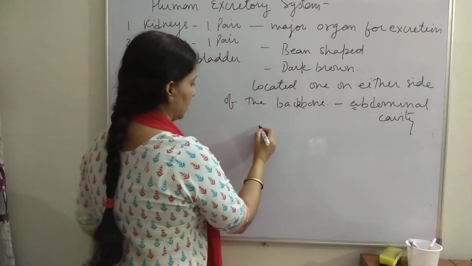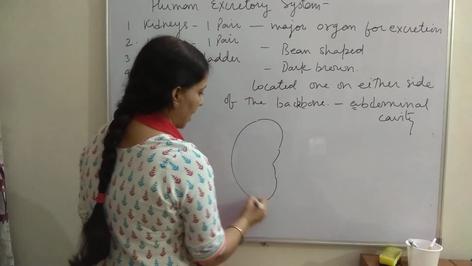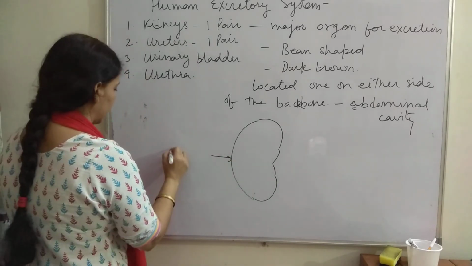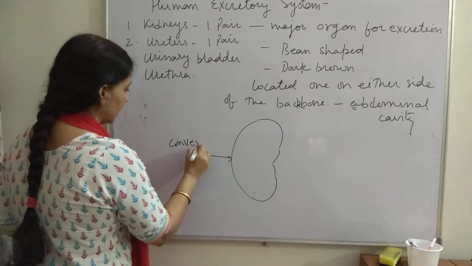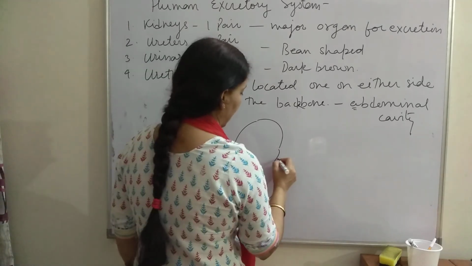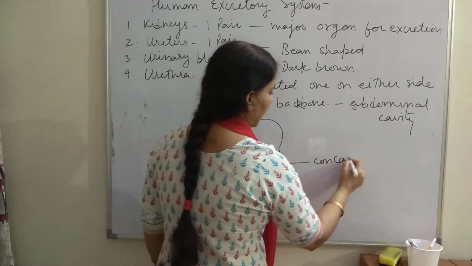If you see the structure of one kidney, it has two surfaces. This surface which is bulging out is called the convex side, and the one bulging in is called the concave side.